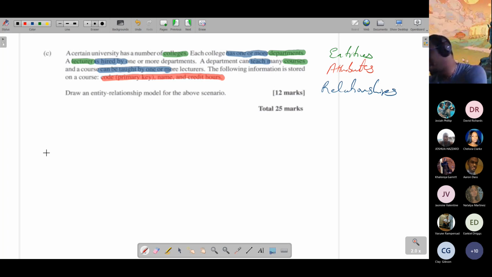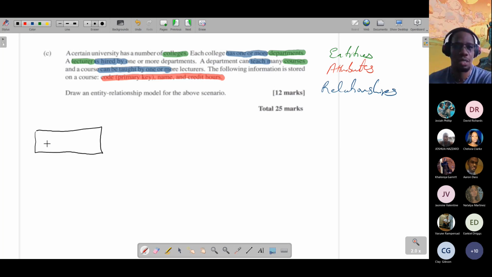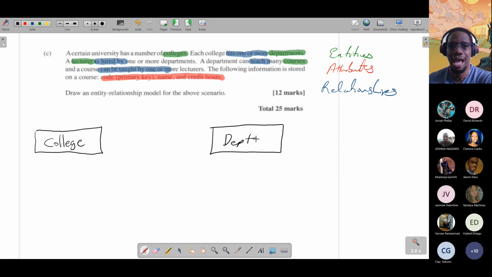And please forgive me, we might go about 2 or 3 minutes over the 11 o'clock. So we have a college. And remember, we keep it singular. A college and a department have a relationship.